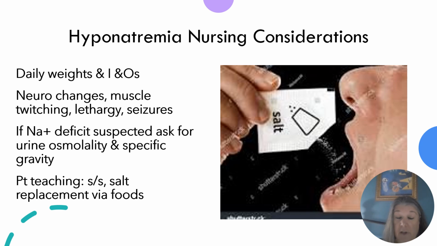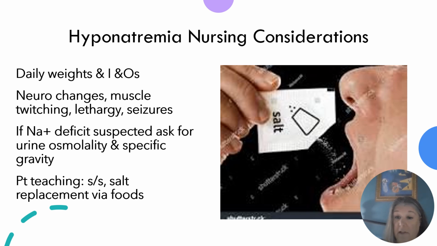Hyponatremia nursing considerations. Because salt is so tied to water, we of course think about daily weights and I's and O's, neuro changes. One of the things you're going to see with hyponatremia that sets it apart is muscle twitching, okay? Lethargy, seizures. If sodium deficit is suspected, we're going to look at urine osmolality, specific gravity, signs, and patient teaching: what to look for, what are the signs and symptoms of hyponatremia, and then salt replacement via food.